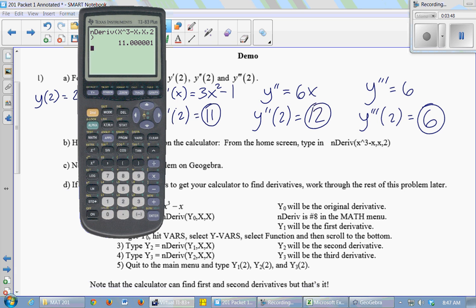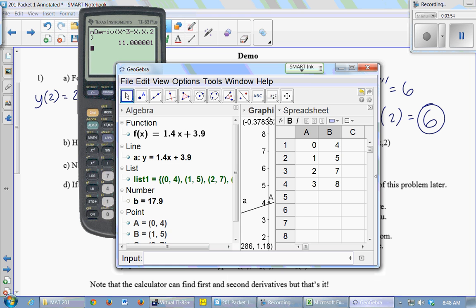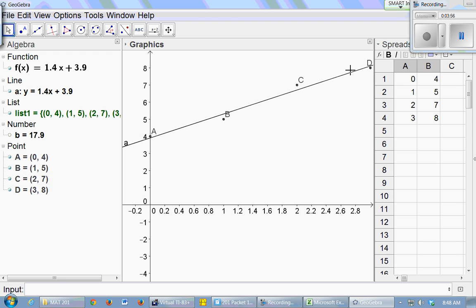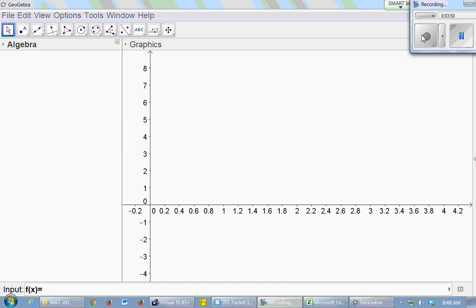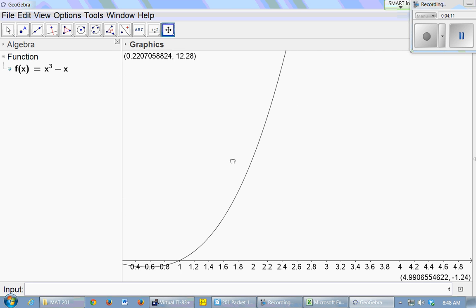All right, so let's do the same kind of thing in GeoGebra. Just want to evaluate the derivative of x cubed minus x at 2. F of x equals x cubed minus x. So I just graph that thing. And what I'm interested in is the slope of the tangent line at 2.